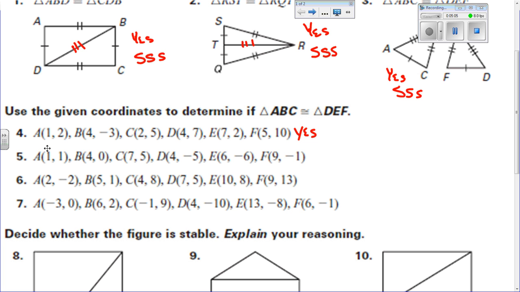Number 5. 1 minus 4 is negative 3. 1 minus 0 is 1. Now I'm going to give you a little shortcut here. If this is a negative 3 or positive 3 and 1 again, then it's going to be the same size.